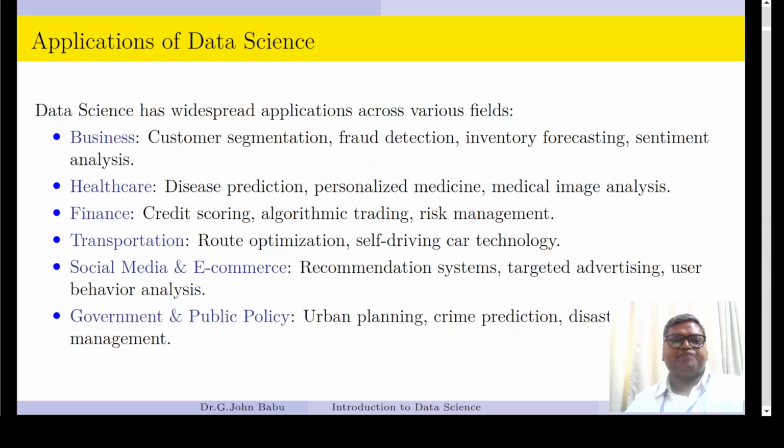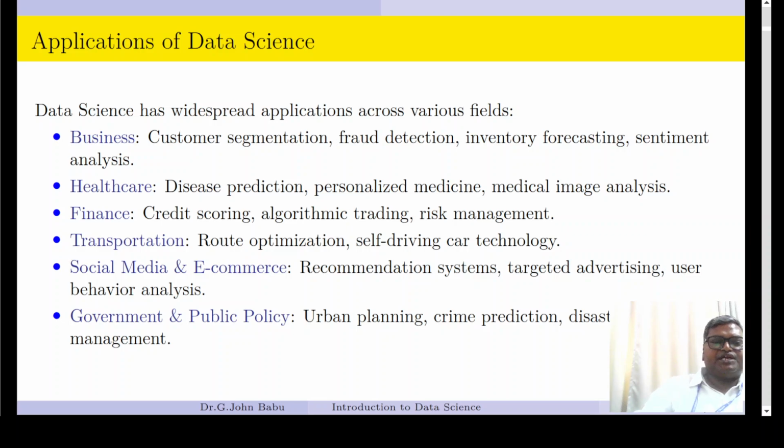Even in the finance and banking sector, whether to give a credit card or calculating credit score, profiling whether this person has a good economic profile or has many loans pending, such type of analysis will be very useful in the banking sector, risk management, and algorithmic trading.